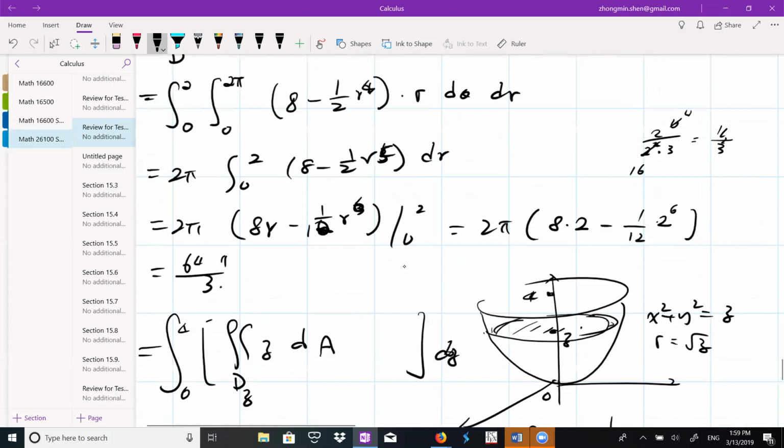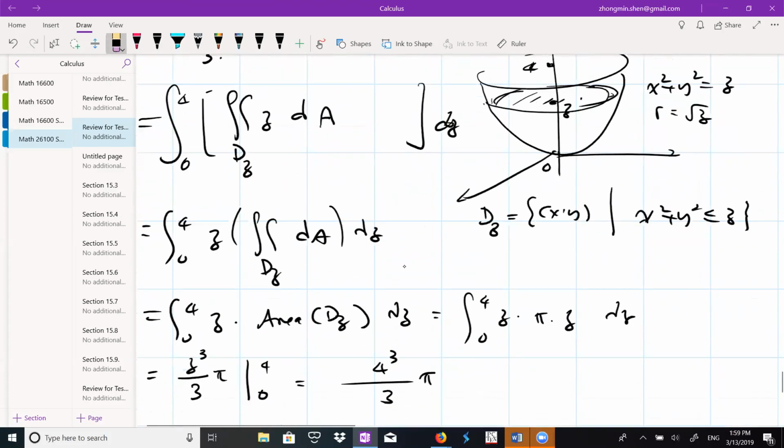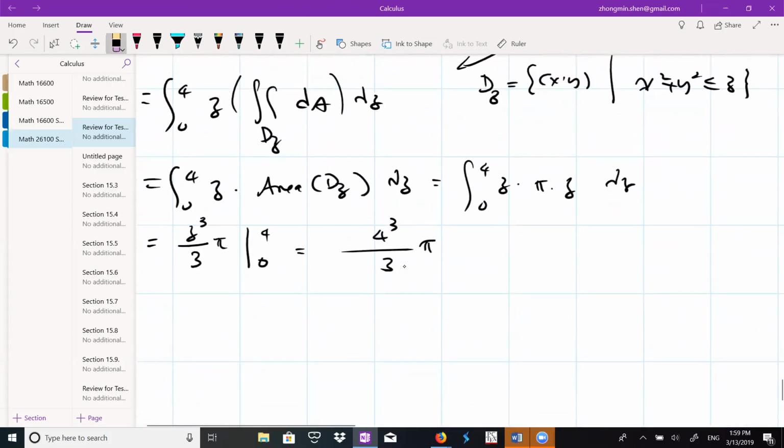Okay, 16 minus 16 over 3 is going to be 16 times 2 over 3, right? And multiplied by 2 is times 4. So that's why the result is 64 over 3. Okay.